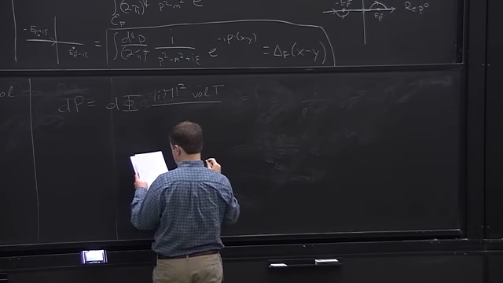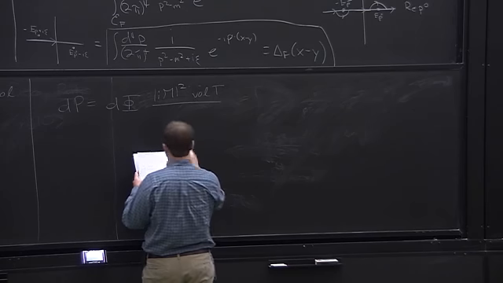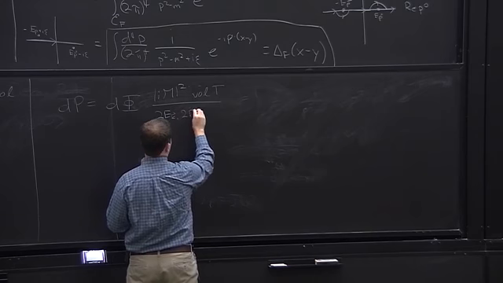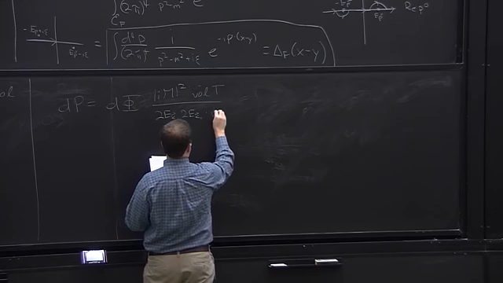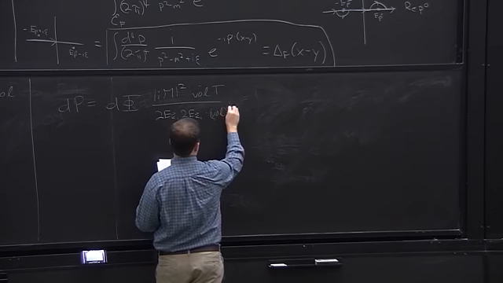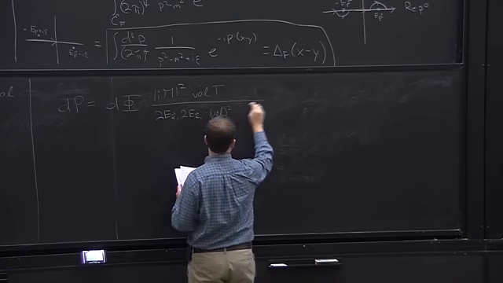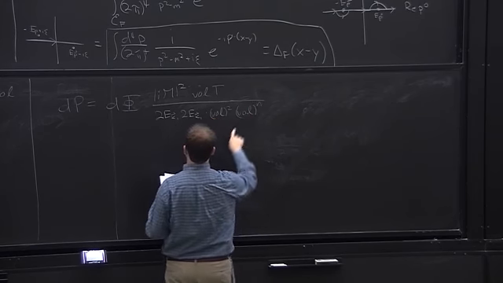We have 2E_k1, 2E_k2 from the norm of the initial state. We have a volume squared from the norm of the initial state. We've got a volume to the n from the norm of the final state.